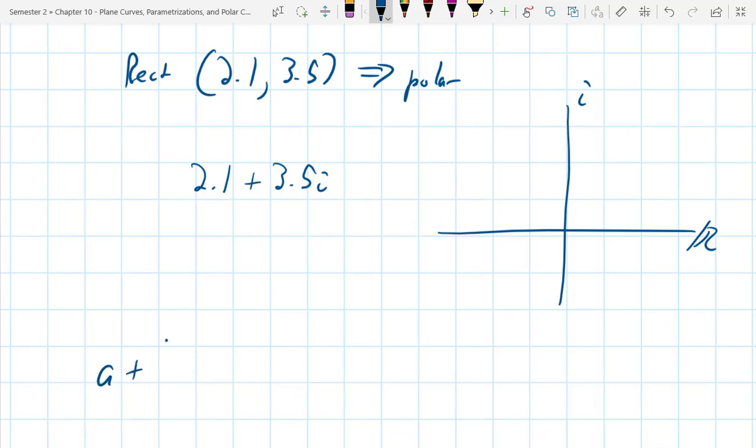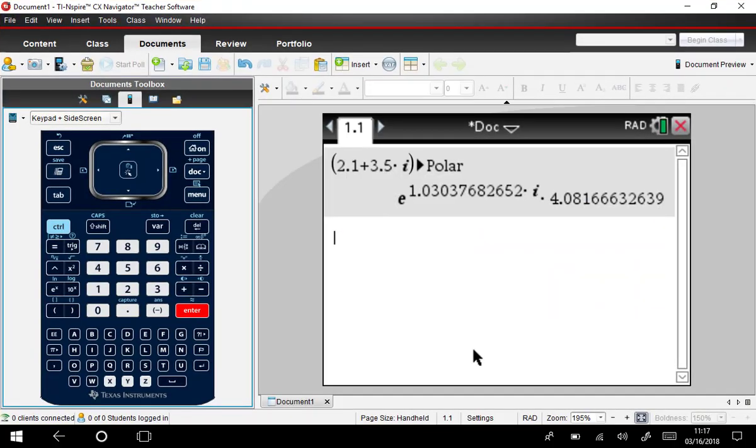When I have a plus bi, that is equal to radius times e to the theta i. All you're looking for is what's the radius and what's the theta. So moving back over here, your calculator puts the radius after, just so you can see it.